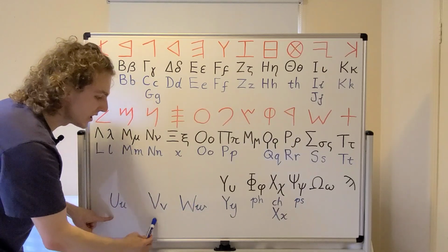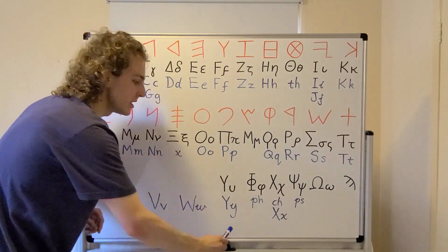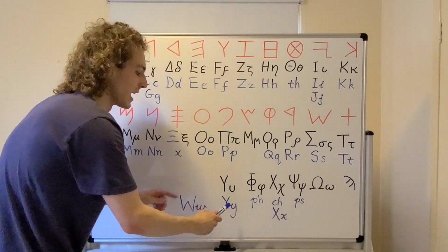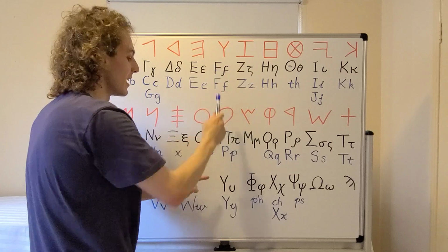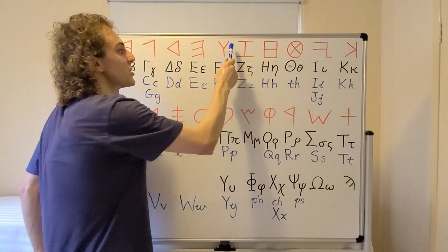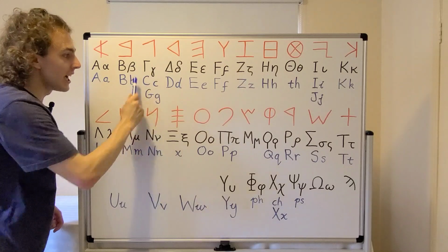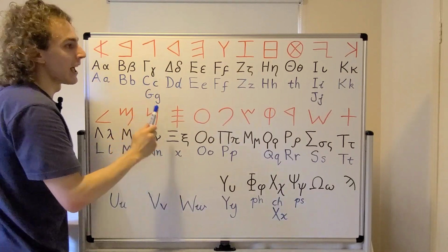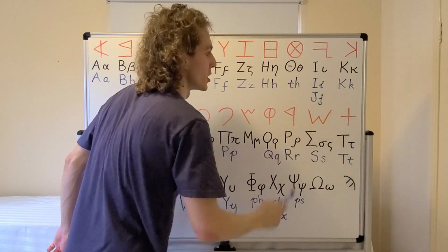So U, V, W, and Y have a shared common origin with Y, and Y has a shared common origin with gamma. They can both be traced back to the Phoenician letter waw. So similarly, C and G have a shared common origin, and I and J also have a shared common origin.